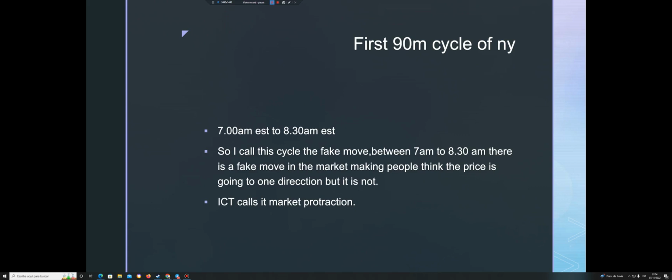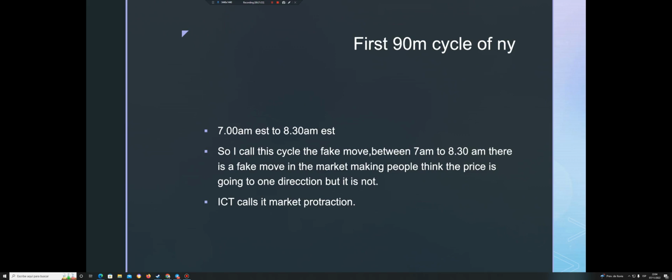So basically, between 7 a.m., 7:30 until 8:30, what the CLS does is move the price in one direction, and then at the second cycle of New York there is the real move.